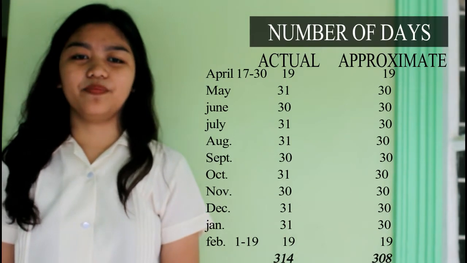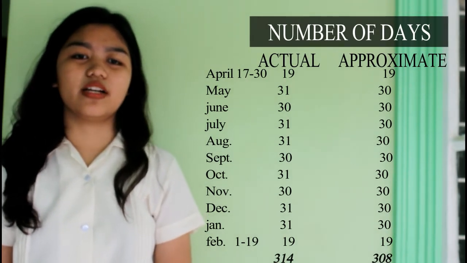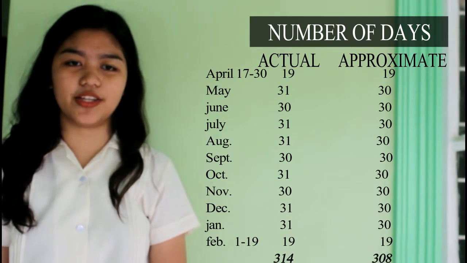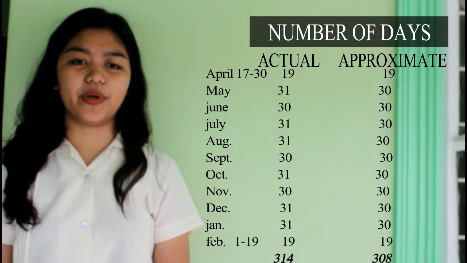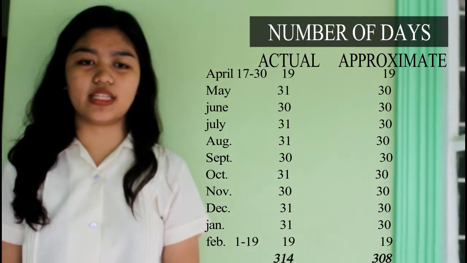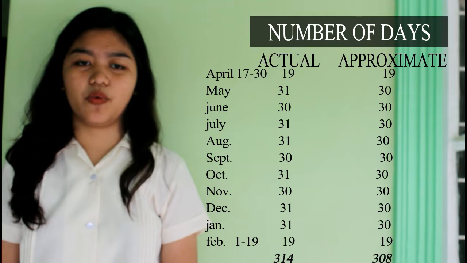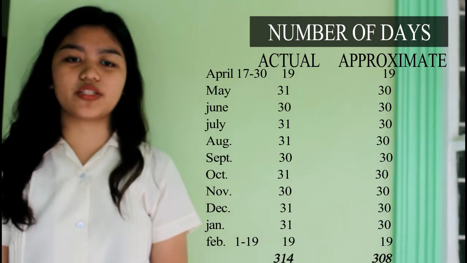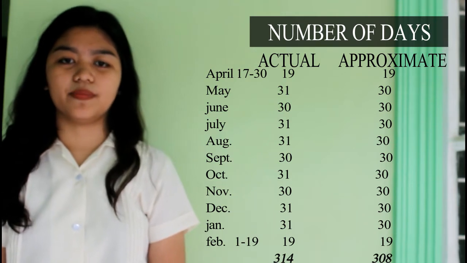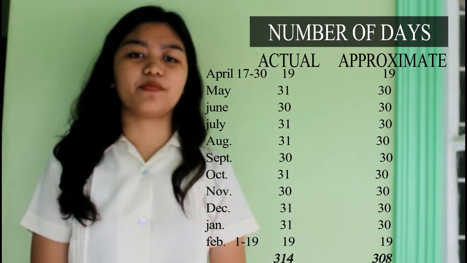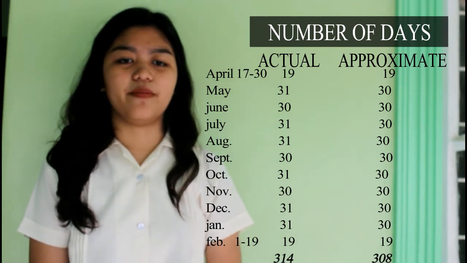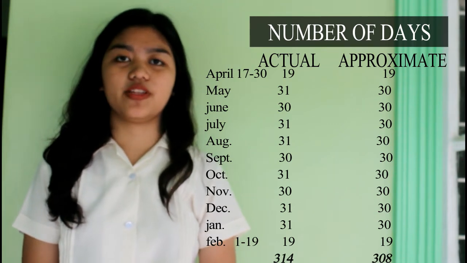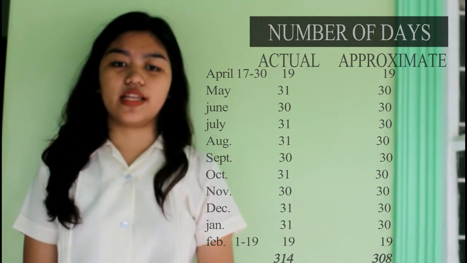In the actual time, starting from April, there are only 19 days, May 31 days, June 30, July 31, August 31, September 30, October 31, November 30, December 31, January 31, and February only 19 days, which is equal to 314 days. In approximate time, April consists of 19 days, from May to January 30 days each, and February 19 days, which is 308.